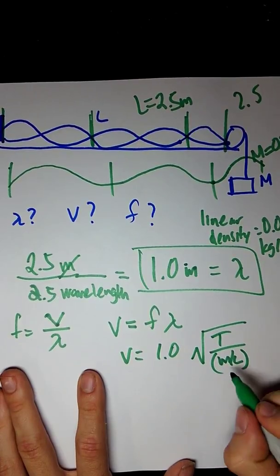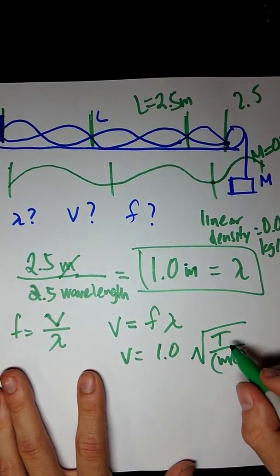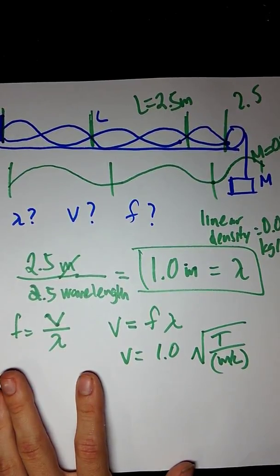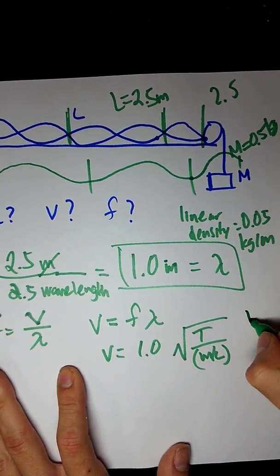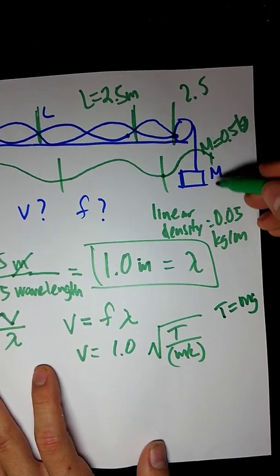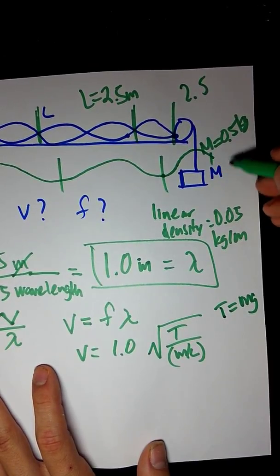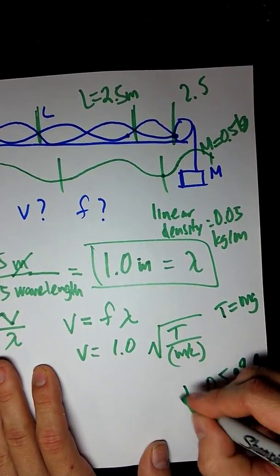M over L is my linear density, where L is the length of the string, and T is the tension force. The tension force in this case is mg, the weight of the mass over here. They told me the mass is 0.5, so 0.5 times 9.8 is going to be equal to my tension.